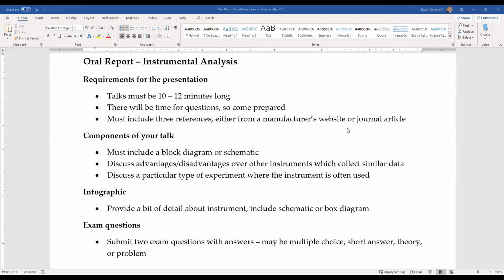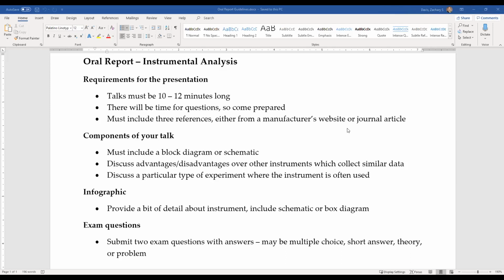You have to have 3 references. Our textbook is good. Journal articles are good. Whoever makes that particular instrument, or multiple manufacturers, if you find that there's some competition, those are all good sources. In your actual talk, you have to have some kind of block diagram. We've drawn several here today. We will draw several more.